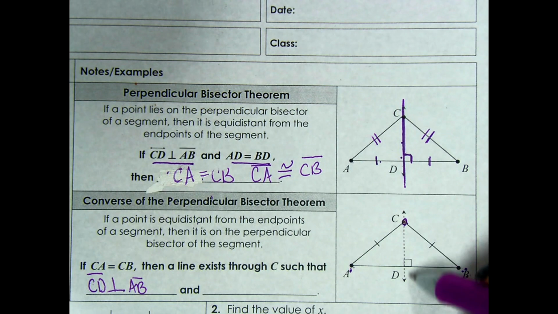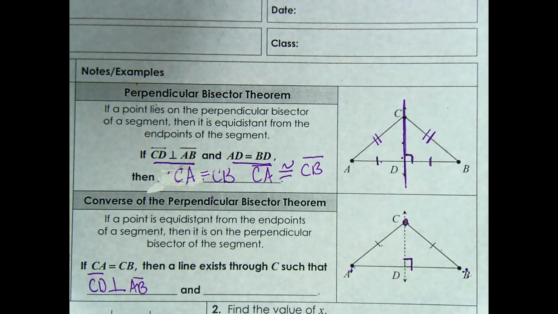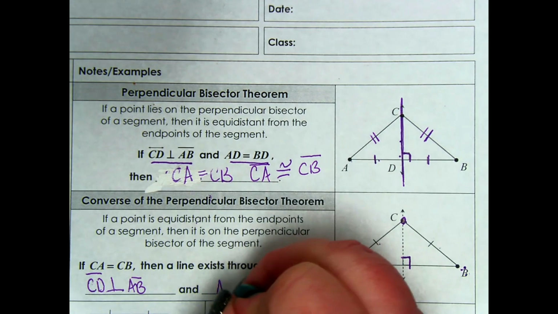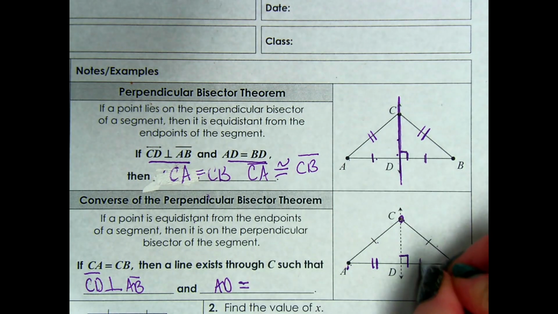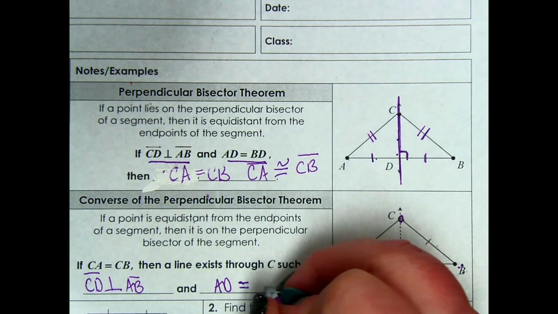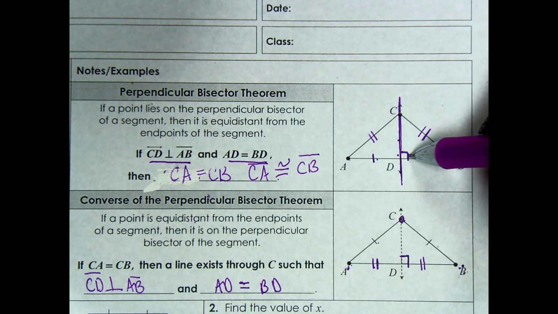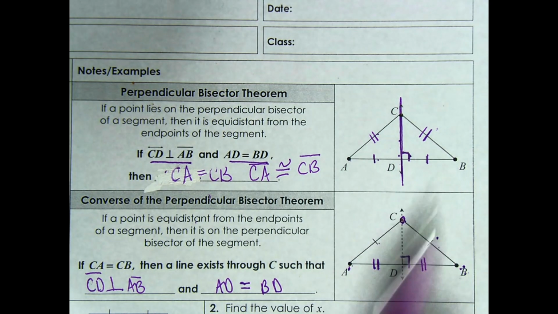So that means if these segments are the same, okay, that means that this has to be perpendicular and that AD is going to be equal or congruent to BD. So these are opposites. And what is important to know is that if this is 90 degrees and these segments are the same, then these segments at the bottom will be the same.